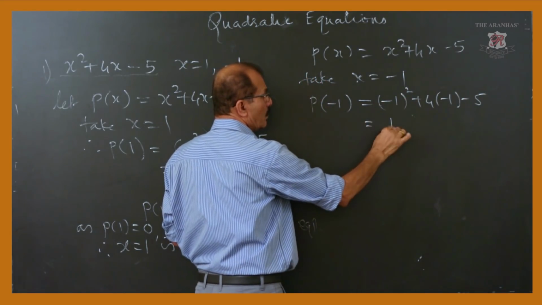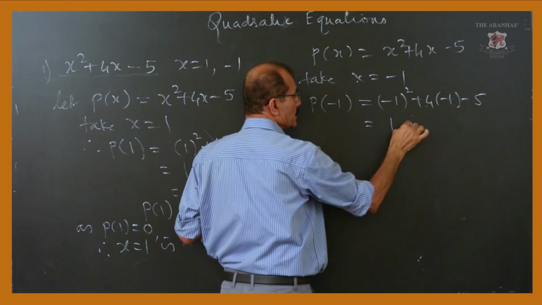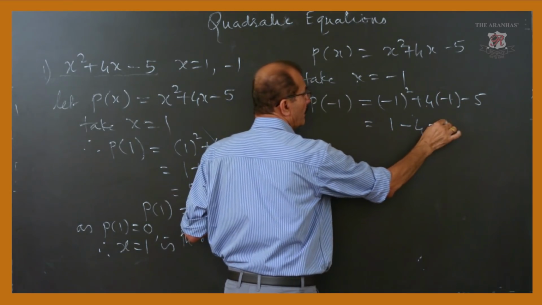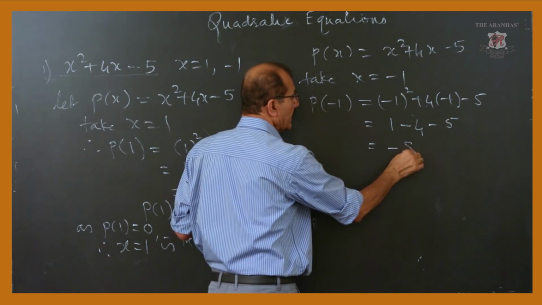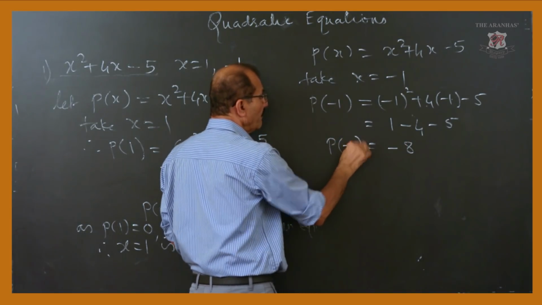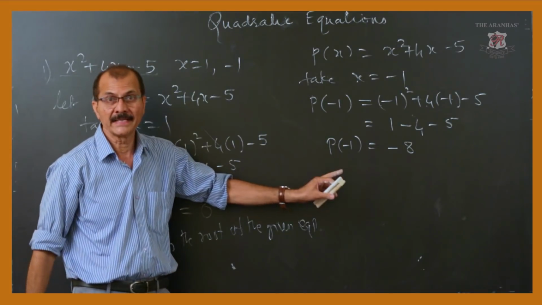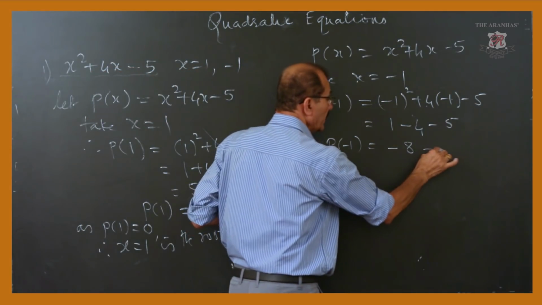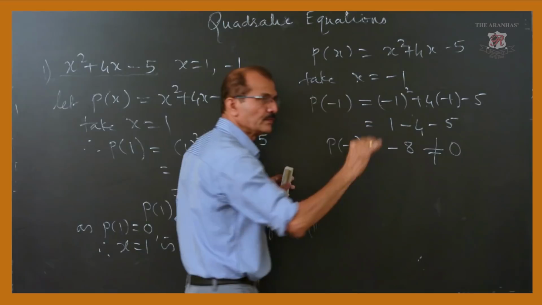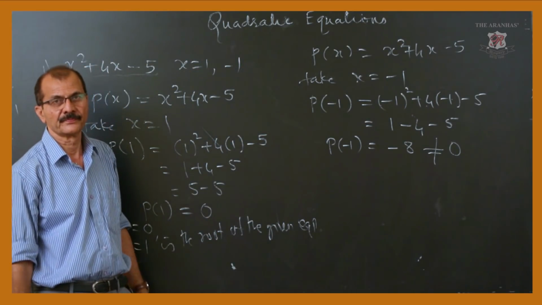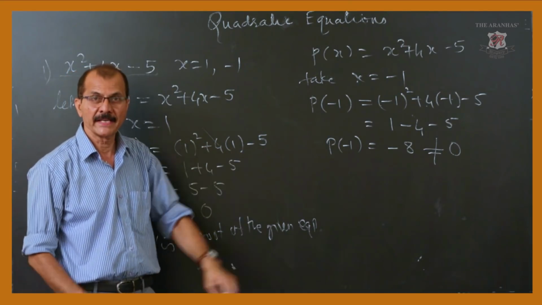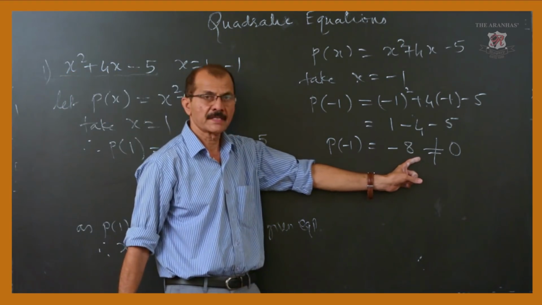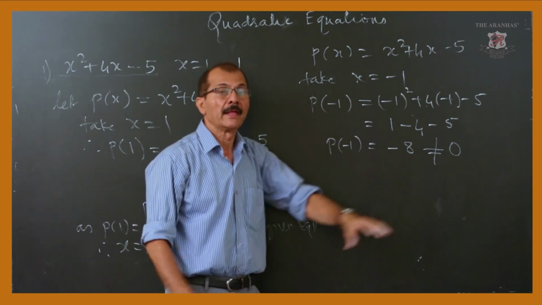Minus 1 square is 1 plus 4 into minus 1 is minus 4 minus 5. So, you get here minus 8. So, p of minus 1 you got minus 8, which is not equal to 0. P of minus 1 is equal to minus 8 and obviously this is not equal to 0.